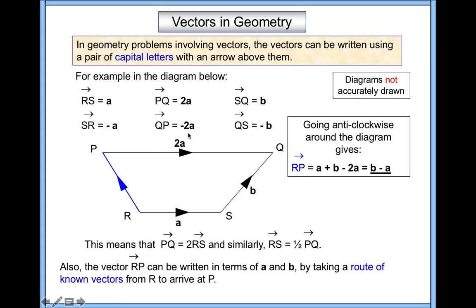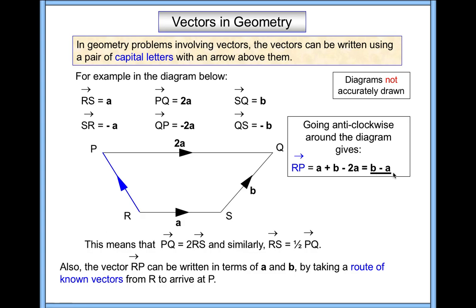Vector QP is negative 2A, because with reference to positive vector PQ, vector QP is negative 2A. Now you simplify: A plus B minus 2A. So group the like terms. A minus 2A, that is 1 minus 2, it is minus A. As per the rule of integers, it takes the sign of the bigger value, so negative. So it is B minus A.